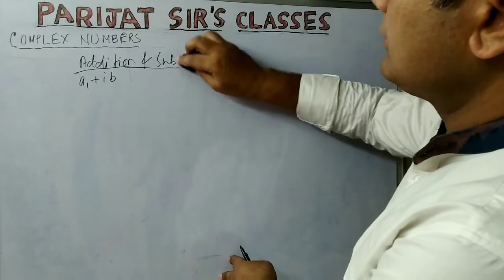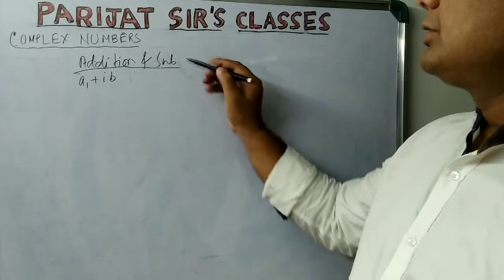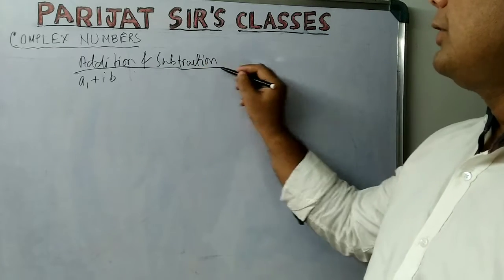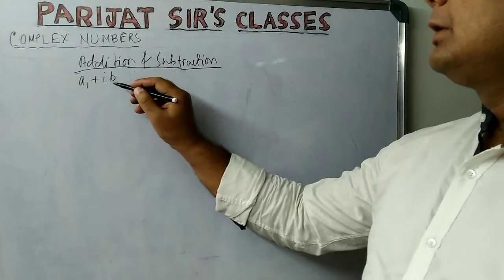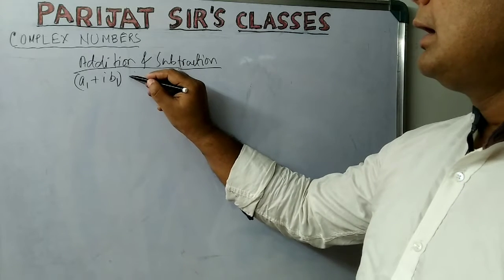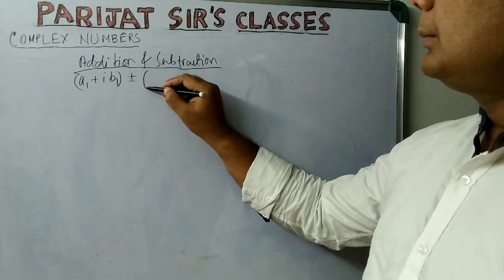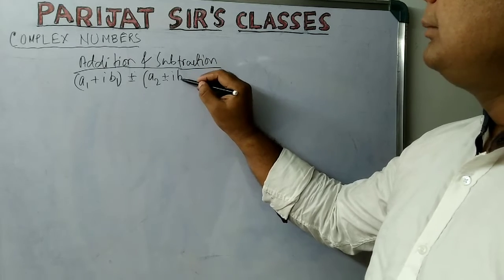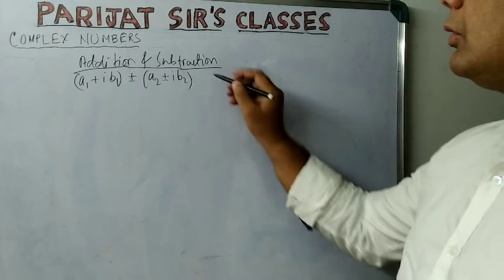Suppose you have a complex number a1 plus ib1 and you want to add or subtract another complex number a2 plus ib2. So how to do that?